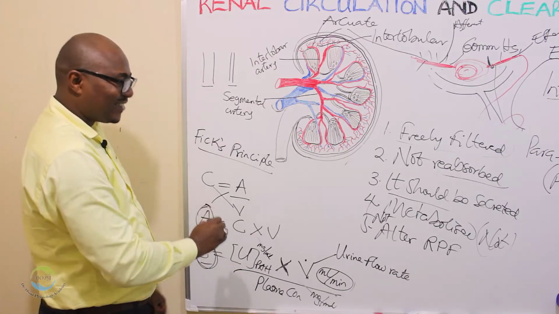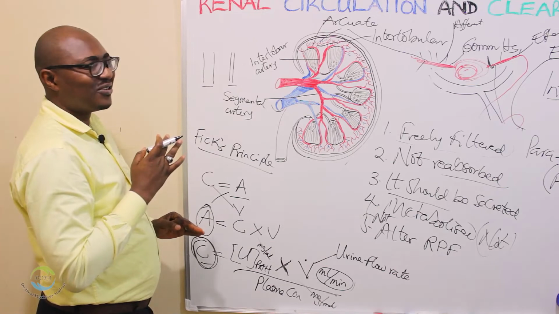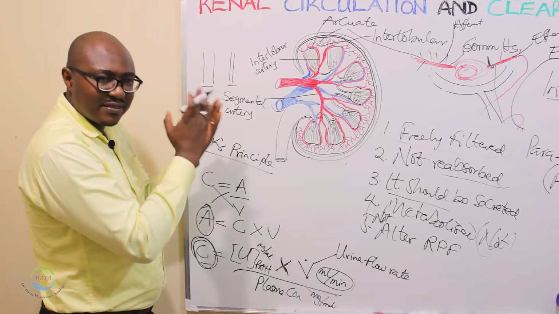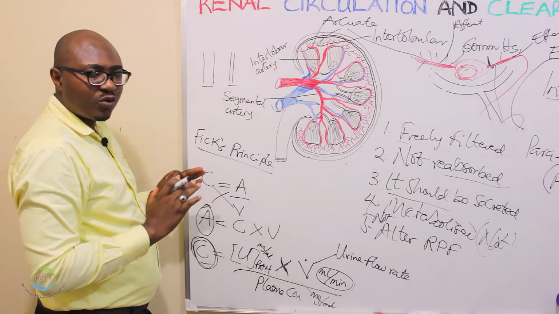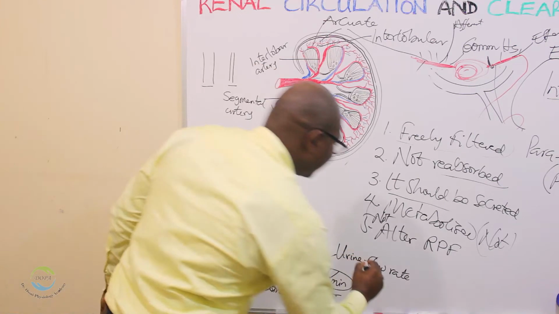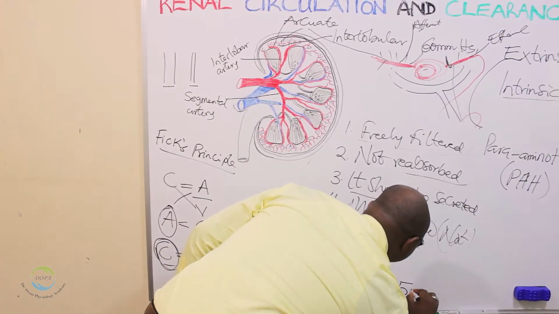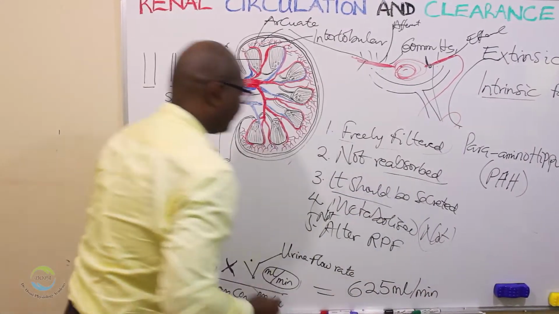So the clearance of PAH equals what? The renal plasma flow is in mL per minute. So when we do that, what do we get? We get 625 mL per minute.